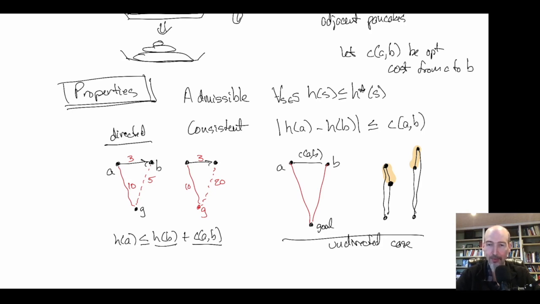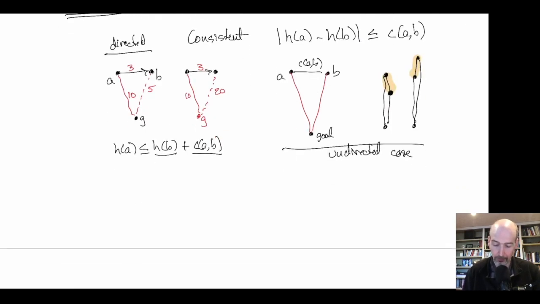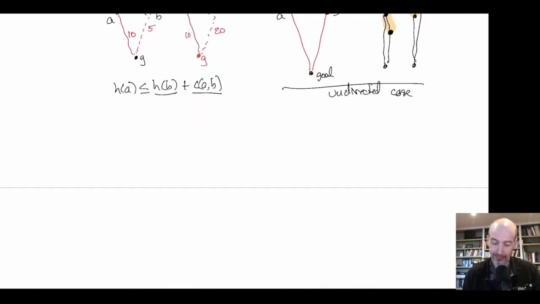Okay, so now we can start to ask a question. Admissibility and consistency, how do they relate to each other? So remember, admissibility here is saying that the heuristic of a state has to be less than the optimal cost. We have our two different versions of consistency here. Question: if a heuristic is consistent, does this imply that it is admissible?